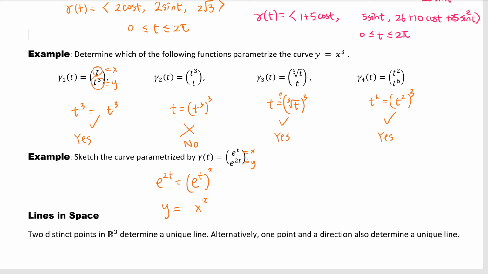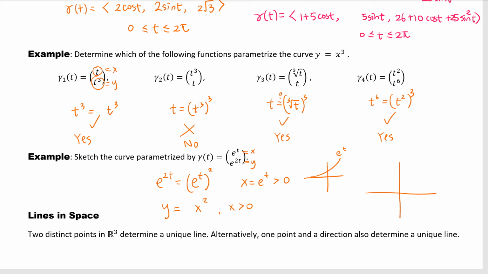Now let's look at the domain. For a curve, we not only need the formula, but we also need to know what range t goes over. Here, because x equals e to the t, and the exponential function is always positive, my x is always positive. Well then, what is this guy?